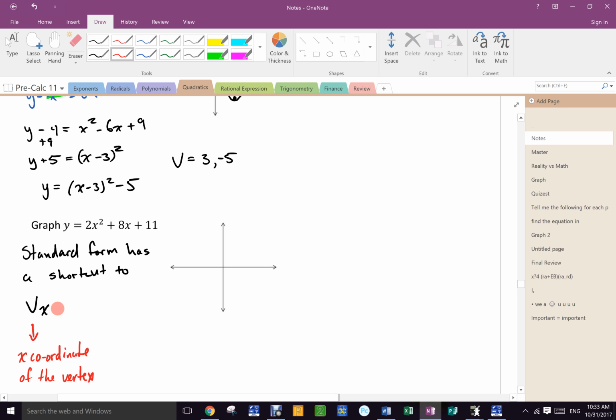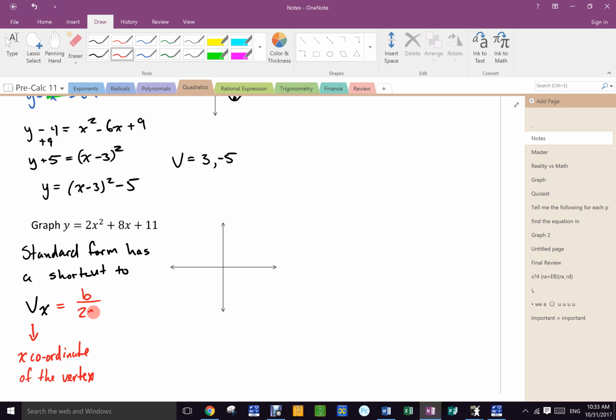And that shortcut is this. The vertex x always equals negative b over 2a. It's negative b over 2a.